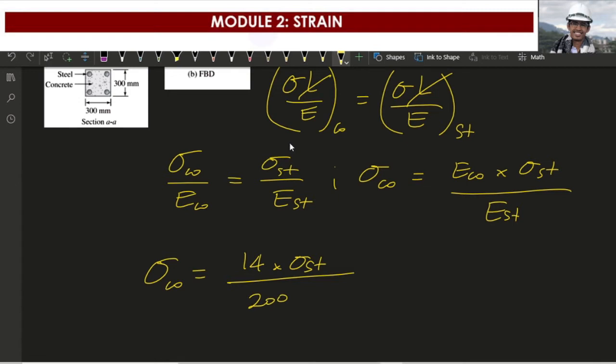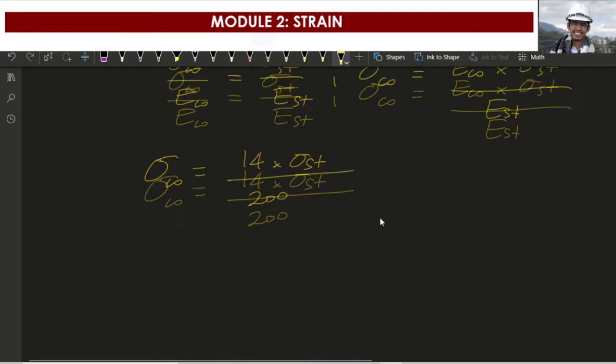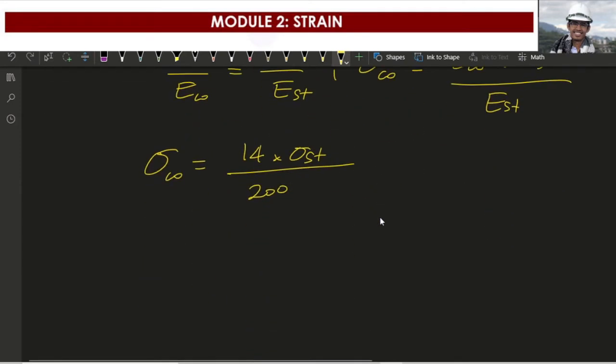Tama? So we have 14 over 200 times stress ng steel is equal to the stress ng concrete. Okay? So we can substitute na lang ito sa ating equation. So 14 over 200, that is equal to 0.07. So actually yung stress ng concrete natin is equal to 0.07 times the stress of the steel.